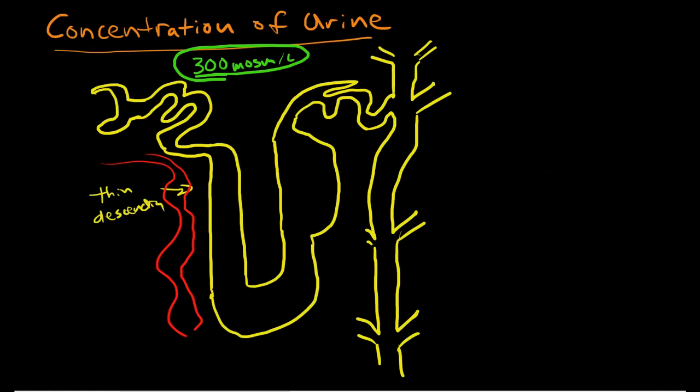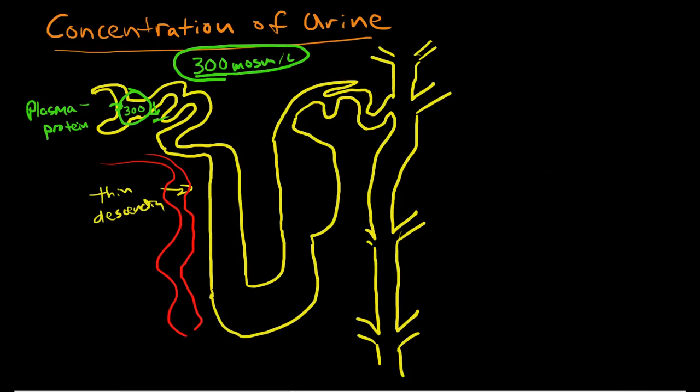Now, the osmolarity at the beginning of filtration is about the same. Remember, what makes filtrate? Well, it's made out of plasma minus the proteins, right? So the initial filtration equals plasma minus the proteins, so the osmolarity is going to be exactly the same. Now, various shifts occur during the process of reabsorption in the proximal tubules.